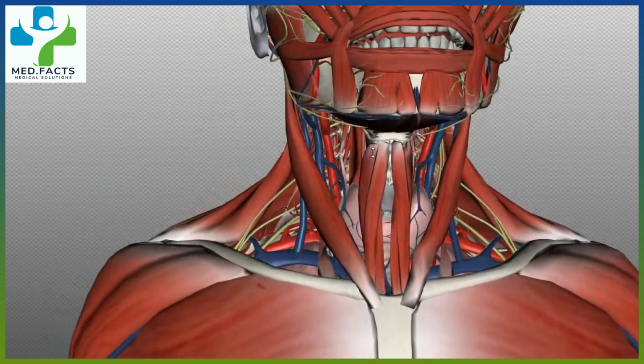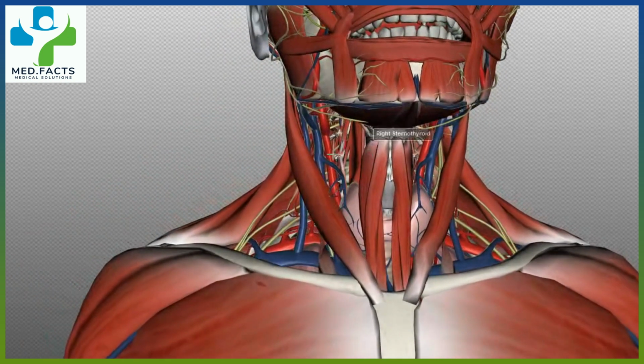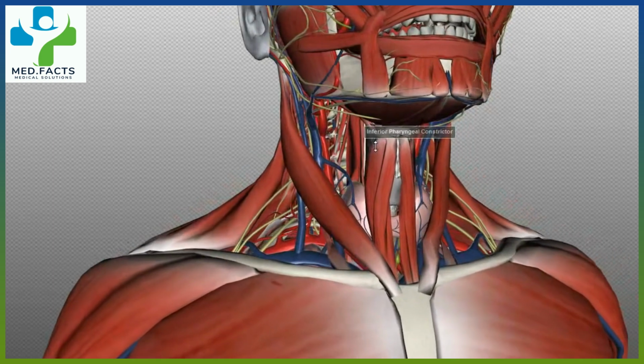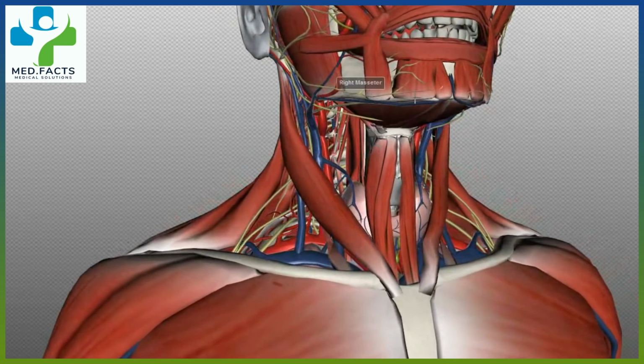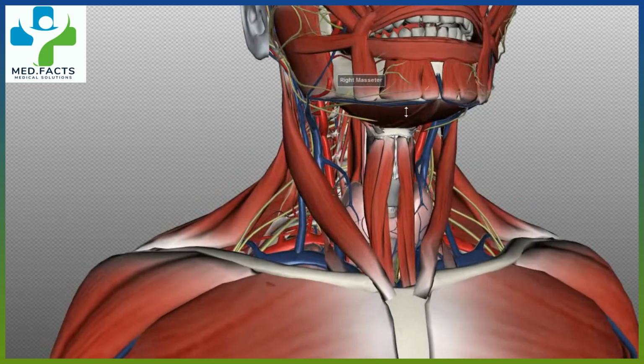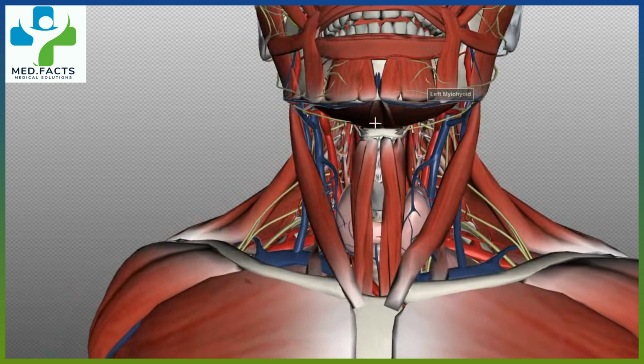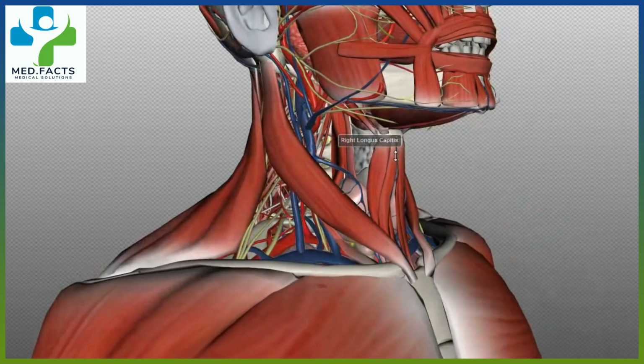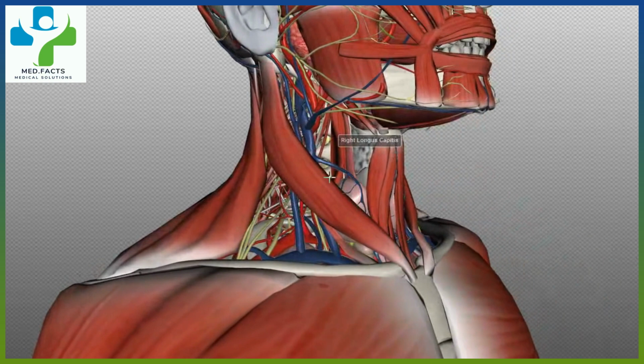So the anterior triangle of the neck is defined by a few boundaries. The inferior border of the mandible forms the superior border of the triangle. The midline forms the medial border, and the anterior border of the sternocleidomastoid muscle forms the lateral border of the triangle.